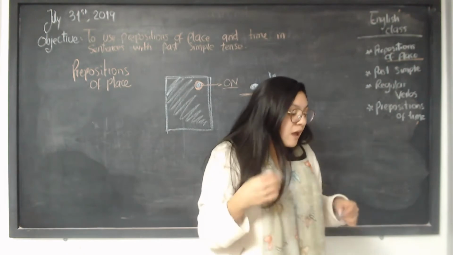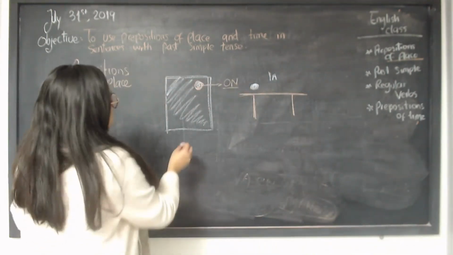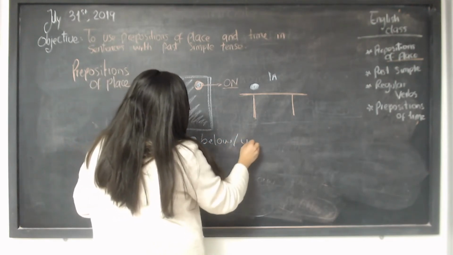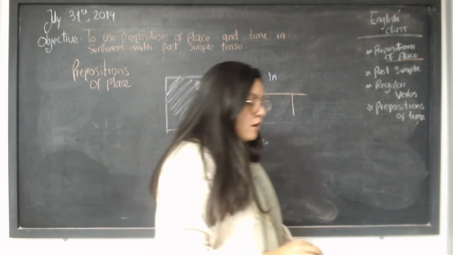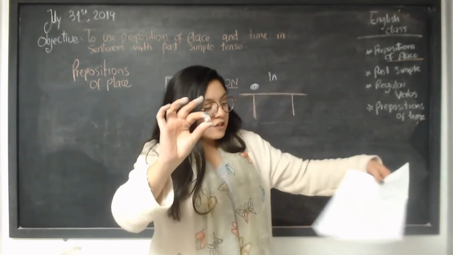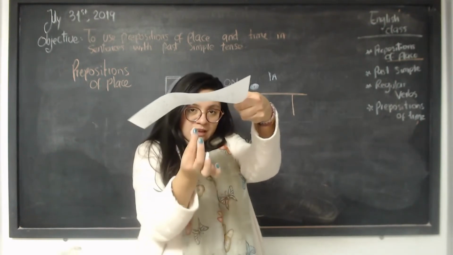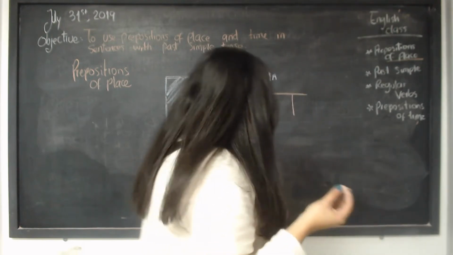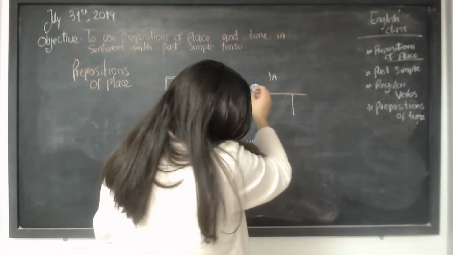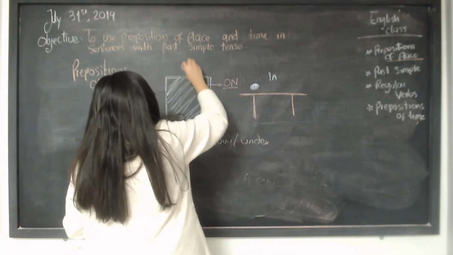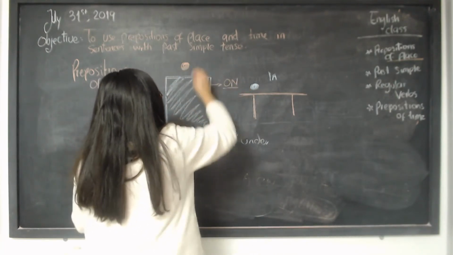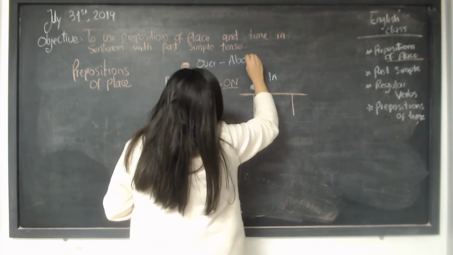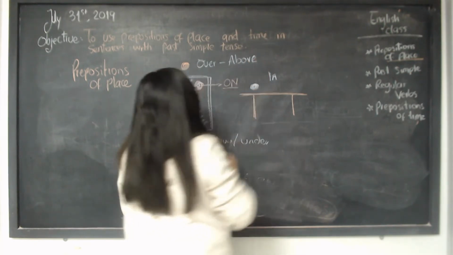Okay. Also, we have some others that are below or under. So imagine the charcoal again, and the charcoal is below the paper. Está abajo. Okay. So below or under is abajo. Okay. Also, we have another one, and it is over or above.